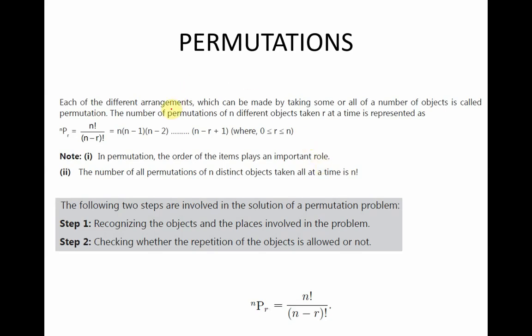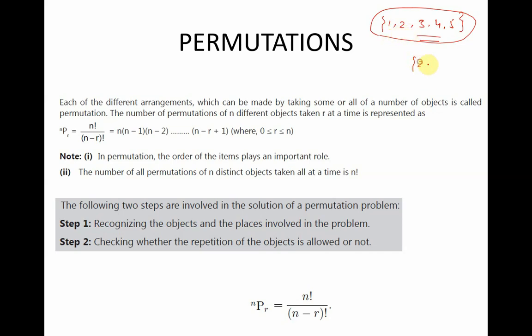So permutations essentially means each of the different arrangements which can be made by taking some or all of a number of objects. Say for example, if I have been given a set of numbers, let us say 1, 2, 3, 4, 5, and I have been asked to identify the number of ways that all these numbers can be arranged, or I may be asked in how many ways I can arrange a subset.